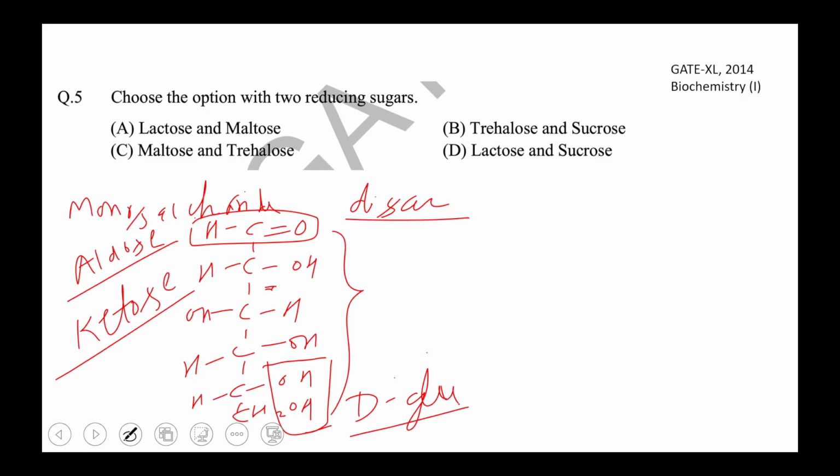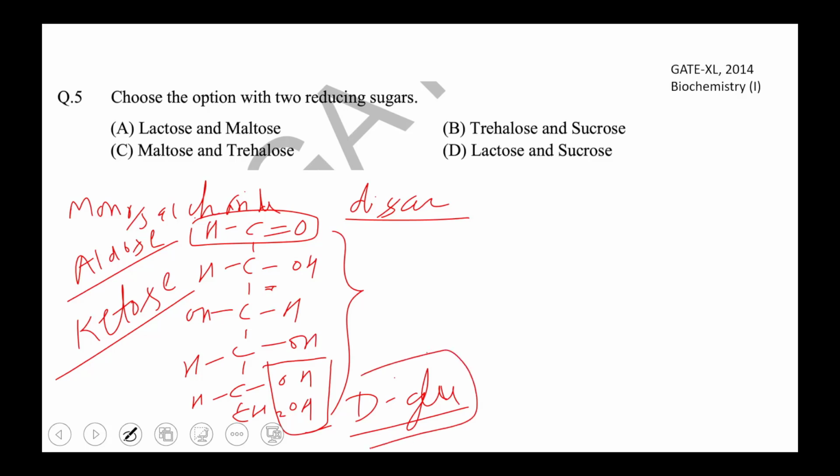Otherwise, if the OH is on the opposite side, it becomes L-glucose. So this is the D-glucose.